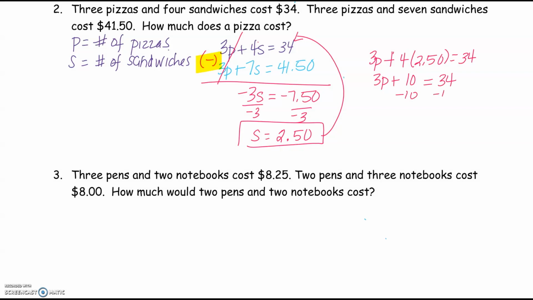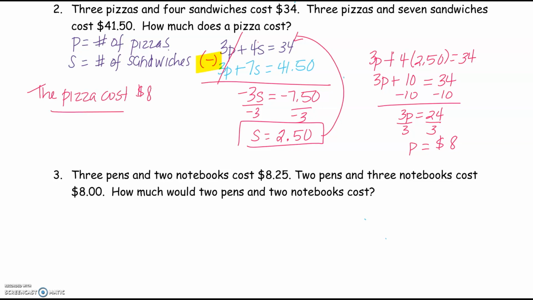I'm going to subtract 10. 3P equals 24. Divide by 3. That means a pizza is $8. Okay, so the pizza costs $8, and that's the only thing it's asking for, the price of the pizza.